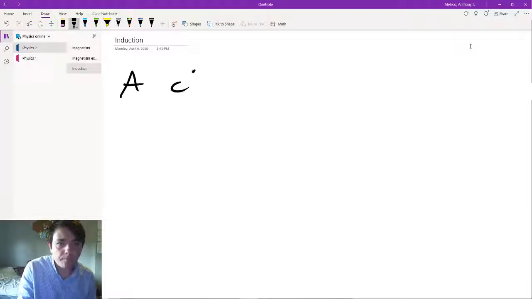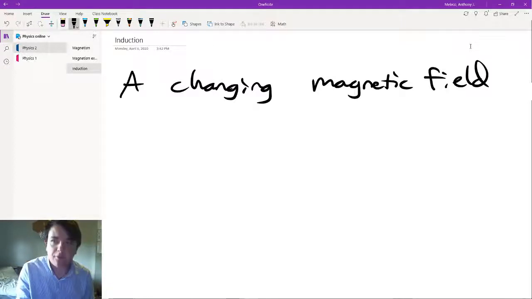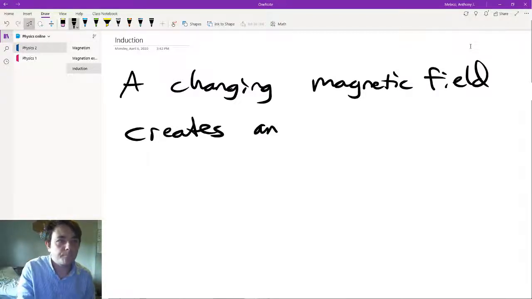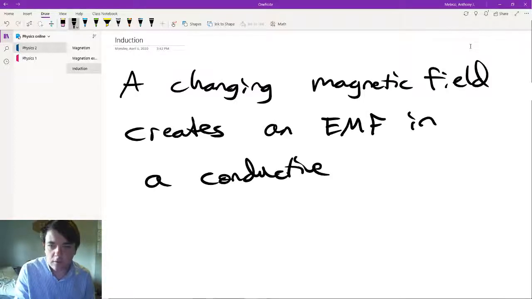So a changing magnetic field, and it can be changing in direction or strength, creates an EMF in a conductive material.